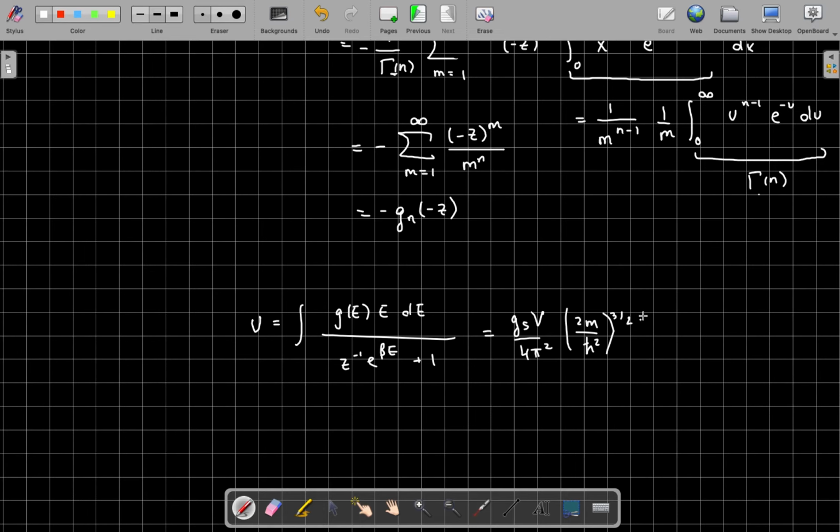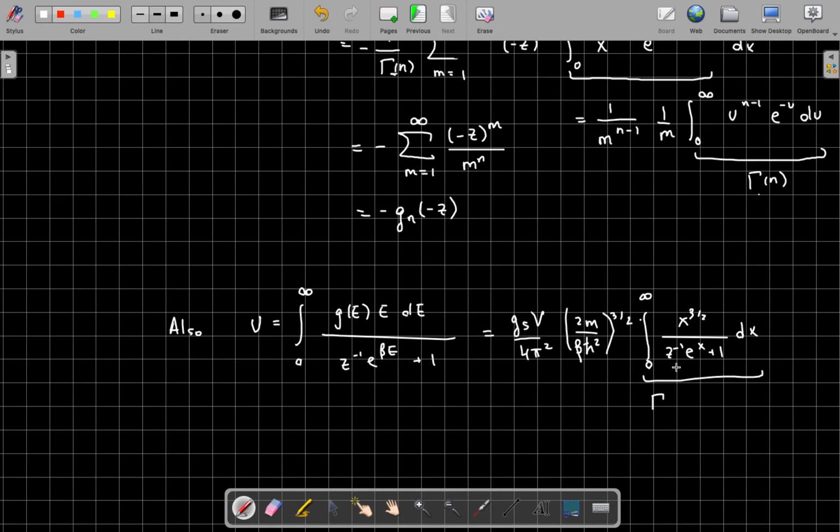times the integral of, and I got a beta here as well because of the change of variables, x to the power of 3 halves over z to the minus 1 e to the x plus 1 dx. Okay, there we go. And this goes from 0 to infinity. And this again, well, what is this equal to?